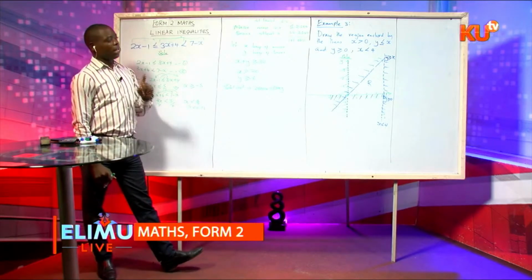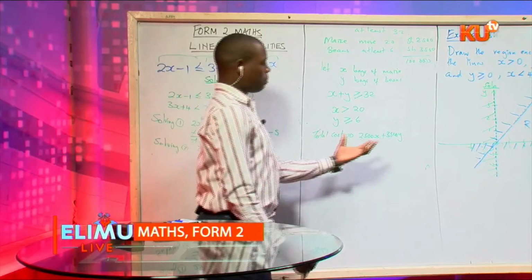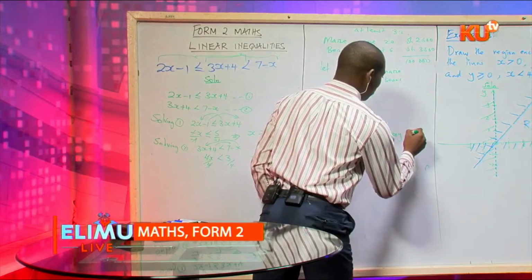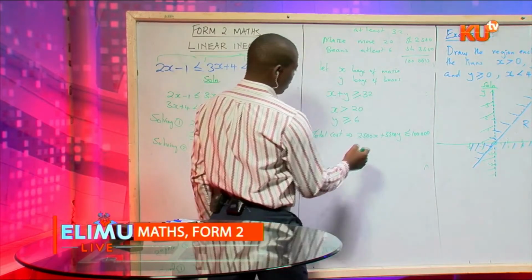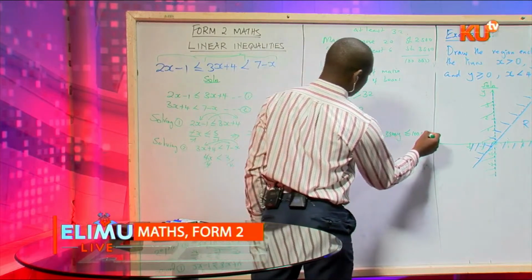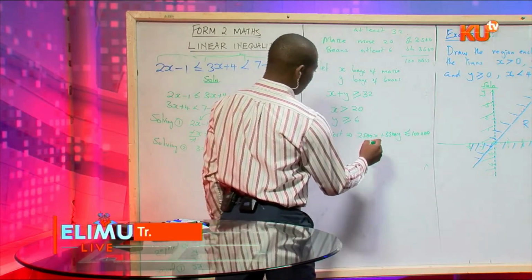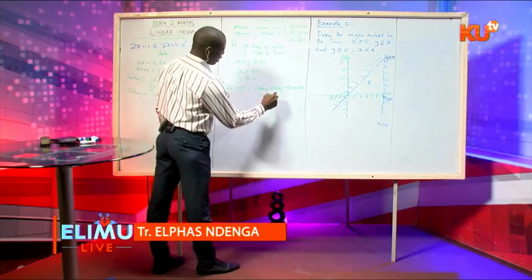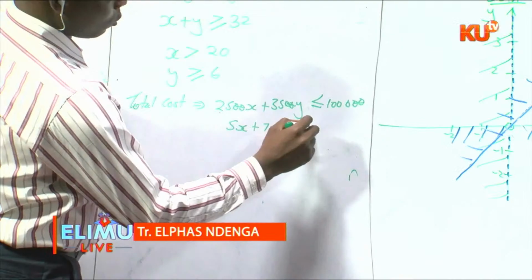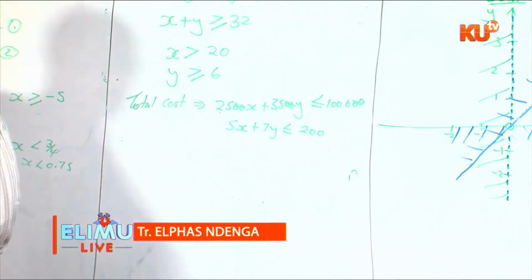So the school cannot spend more than 100,000. So this cost should be less than or equal to 100,000. Then we simplify this, cancel out. Dividing by 5, that gives us 5x plus 7y less than or equal to 200.